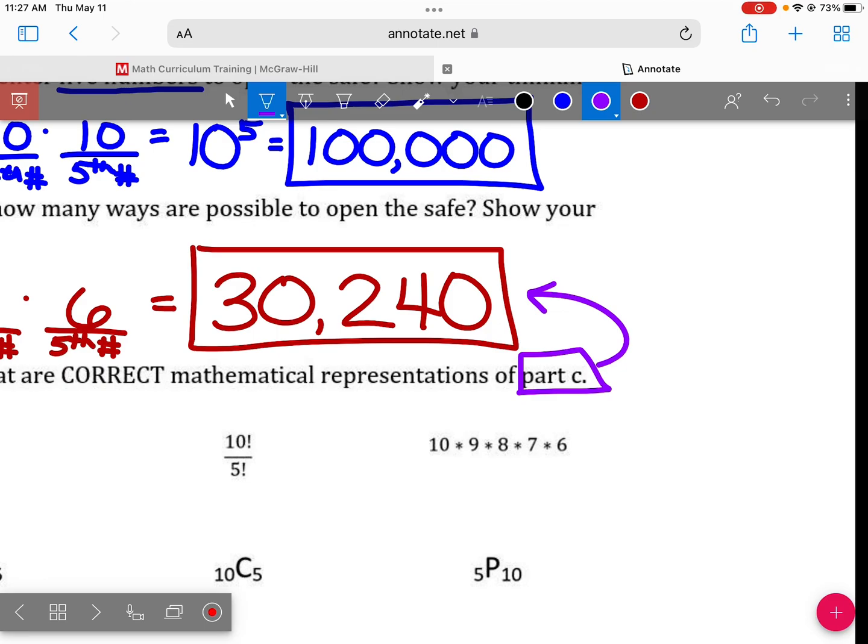Does anybody remember what we call the exclamation point? It's at the beginning part of your notes, starts with an F. What do we call the exclamation point?